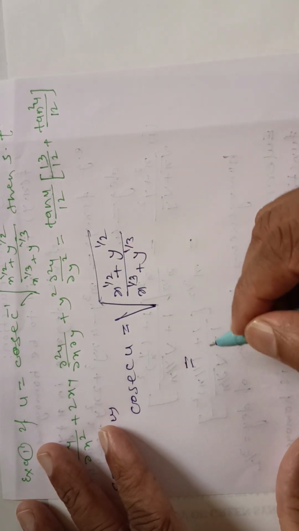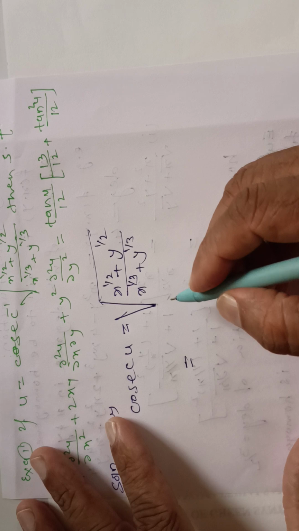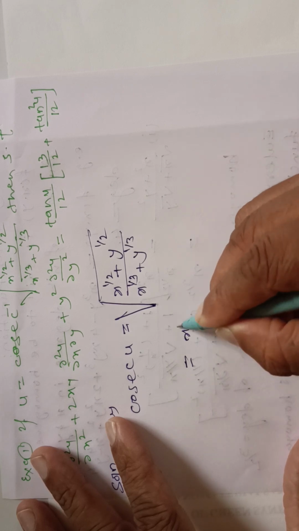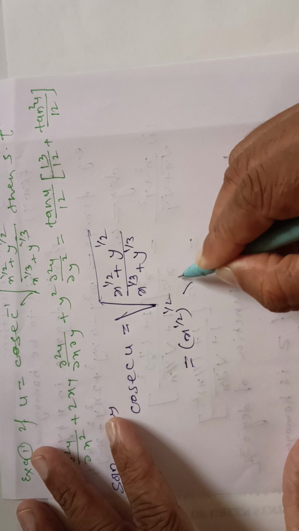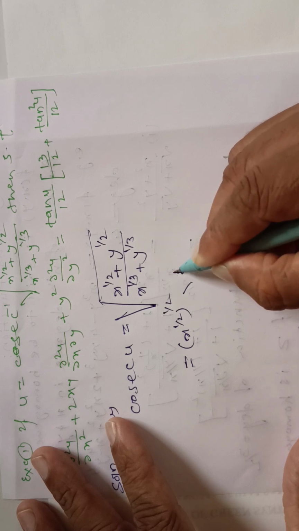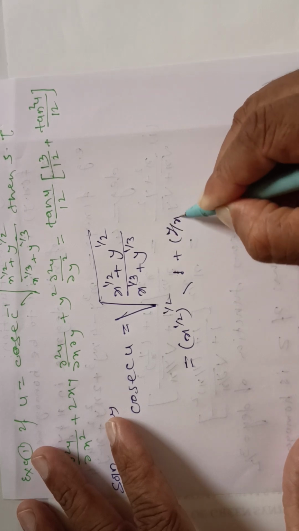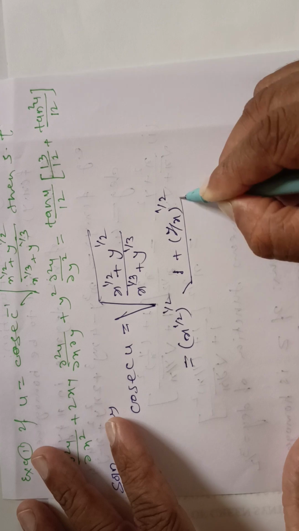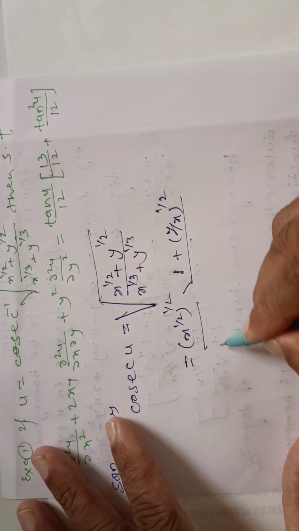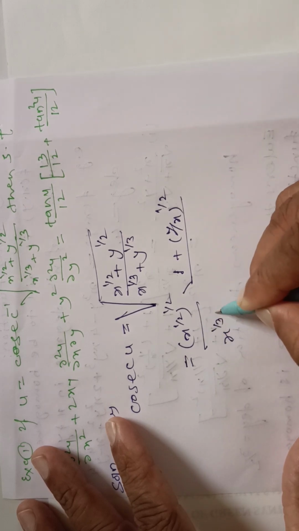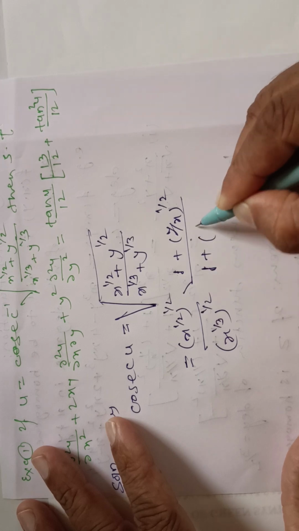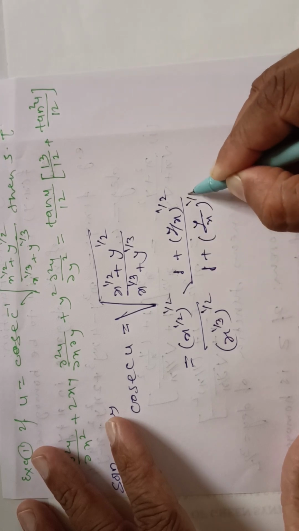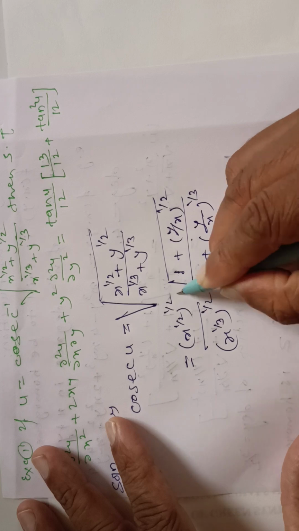So take x to the power 1 by 2 common from the square root. So x to the power 1 by 2 to the power 1 by 2. In the bracket there remains 1 plus y upon x to the power 1 by 2, and in the denominator also x to the power 1 by 3 is common, and here in the denominator also remains like this, and square root.